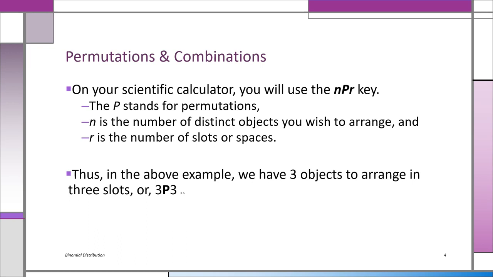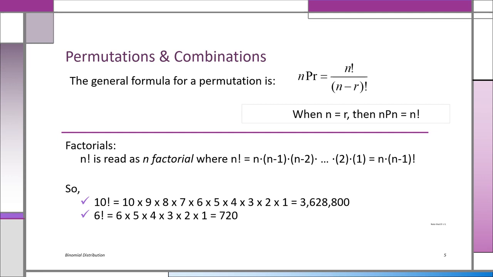So the previous example, we had 3 objects, A, B, C, to arrange in 3 slots, and that becomes 3 permutation 3, which is 3 factorial, which is 3 times 2 times 1, which is 6. The general formula for a permutation is nPr is n factorial divided by n minus r factorial. Thus, when n equals r, then nPn is just n factorial.